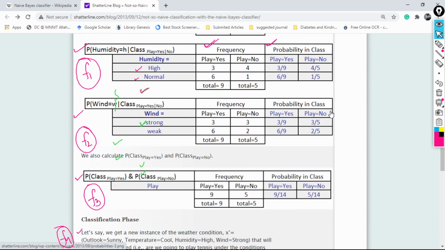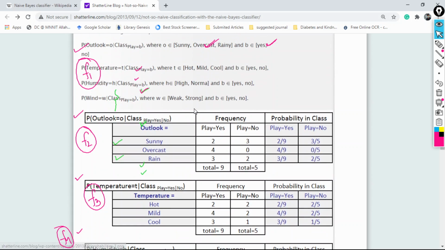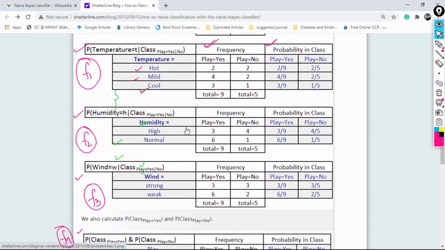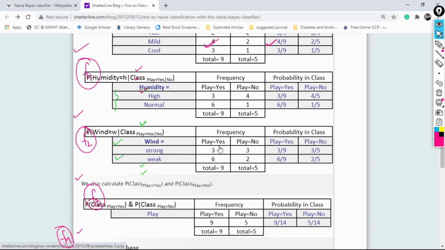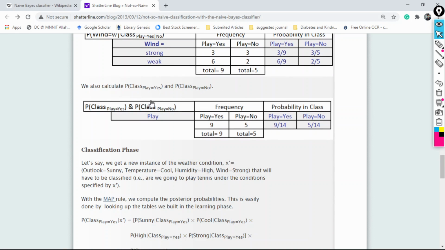I think this is clear, how we calculated the tables for the 4 features. If you still do not understand this, please comment below, and I will personally message you.